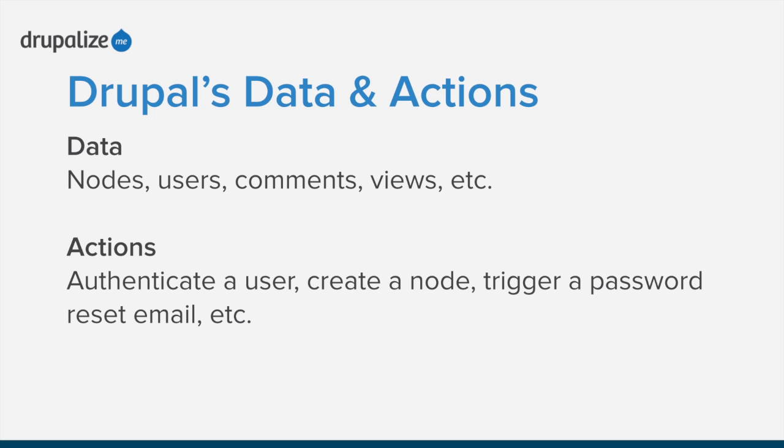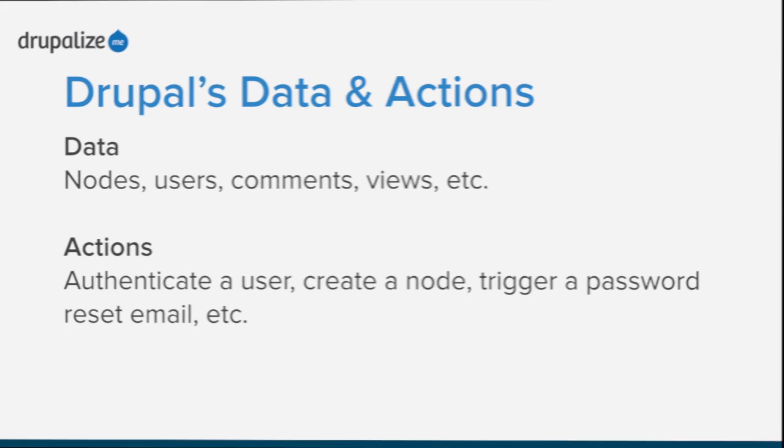In addition to data like that, though, we also have actions, which is a little bit more ambiguous. An action might be something like running the code that sends an email when somebody wants to reset their password. That kind of thing is normally reserved for PHP or modules that are tied in directly to Drupal. But with a web service, using the services module, we can actually ask Drupal to execute that code on our behalf without actually having to write the code and call the function directly.